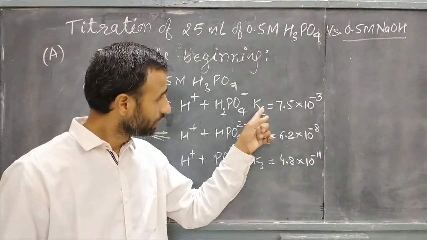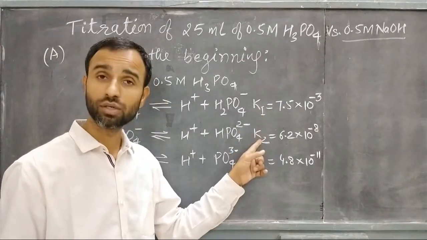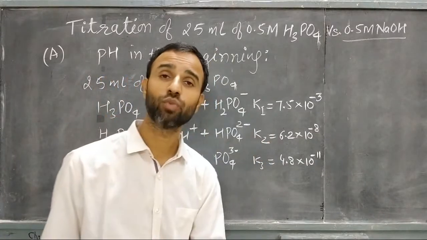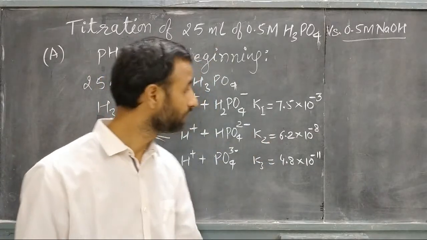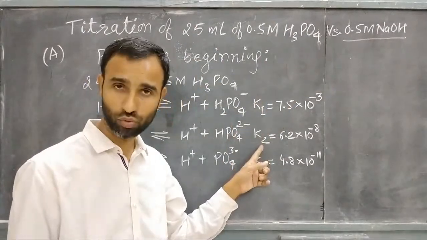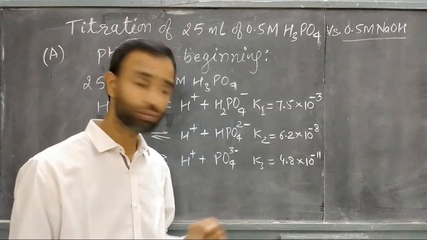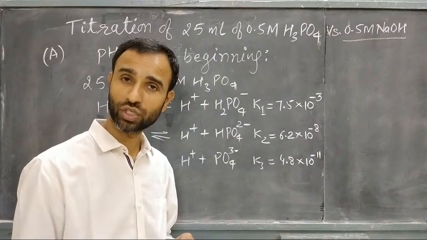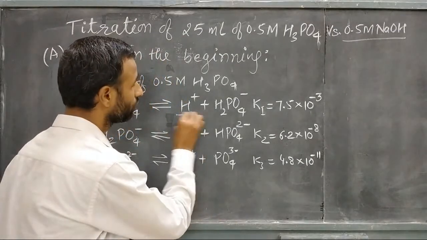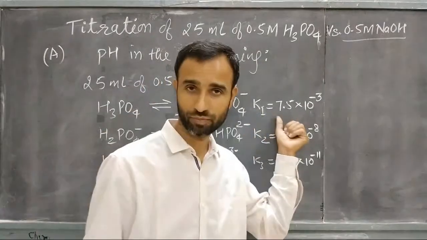The ratio of K1 to K2 is around 10 raised to power 5. That means K1 is 10 power 5 times more than K2, and K2 is 10 power 3 times more than K3. That means the main contribution to H plus ion is of K1.